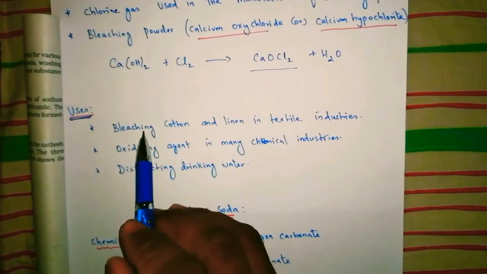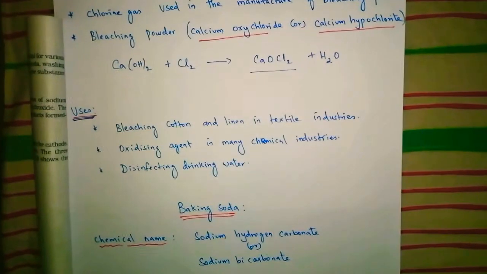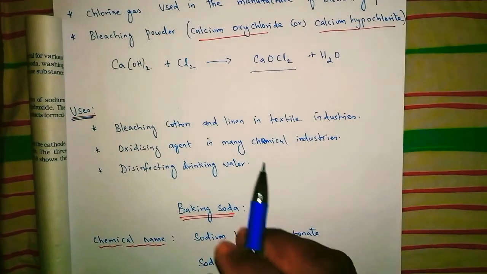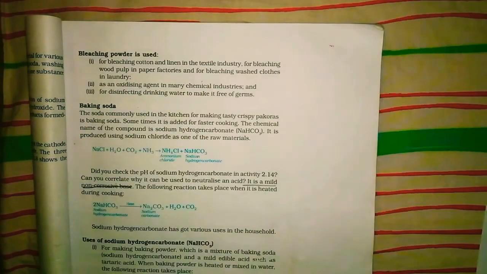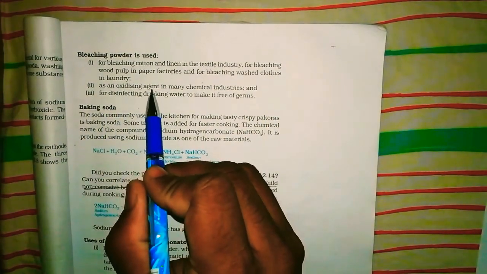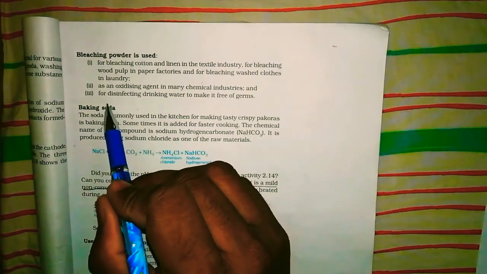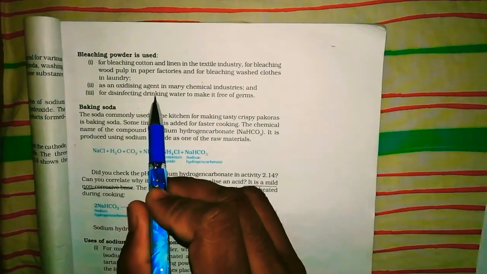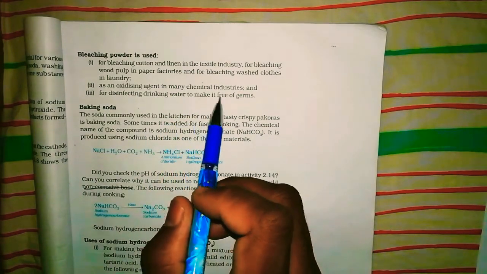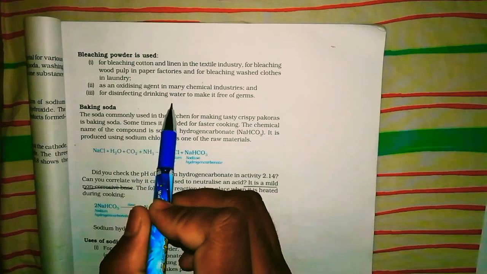Bleaching powder is used as a very important bleaching agent for bleaching cotton and linen in textile industries, for bleaching wood pulp in paper factories, and for bleaching washed clothes in laundry. It is also a very important oxidizing agent in many chemical industries and is used for disinfecting drinking water.